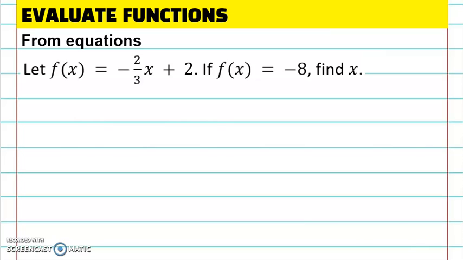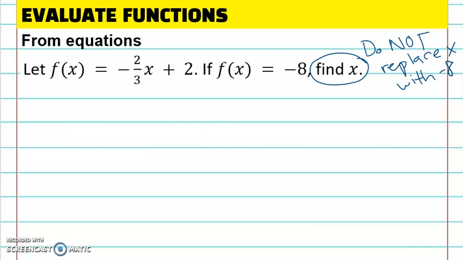All right, let f(x) equal -2/3 x + 2. If f(x) equals -8, find x. Since these are my notes, I'm just going to tell my brain again, do not replace x with the -8. That will be wrong every time. We're going to take -8 and swap it for f(x).